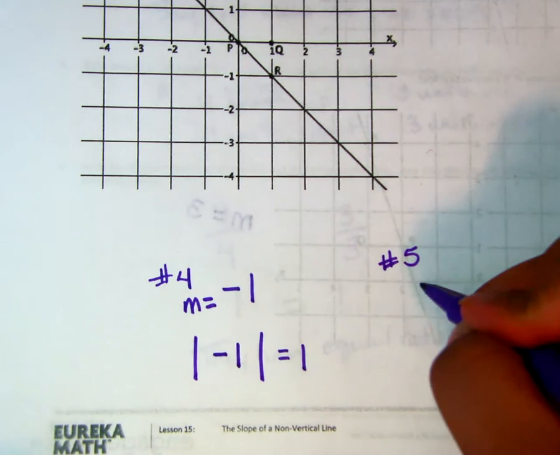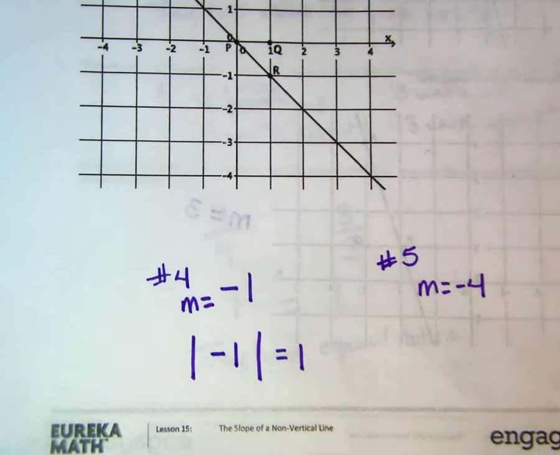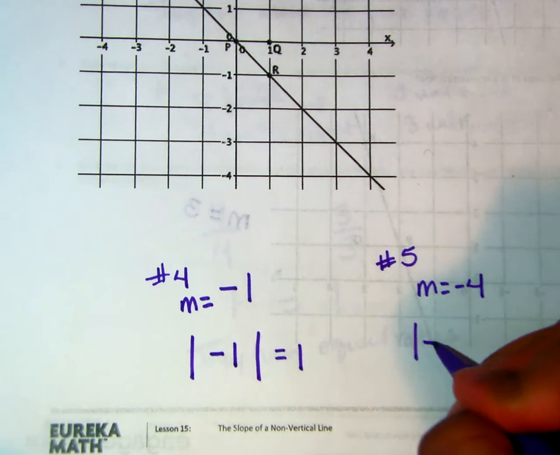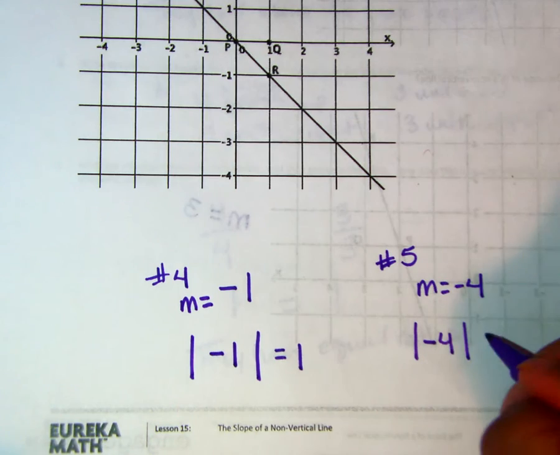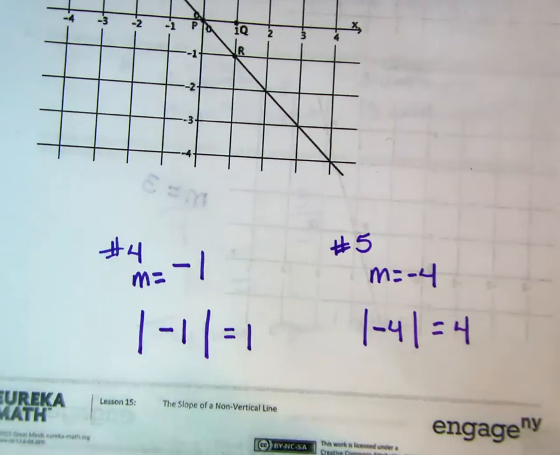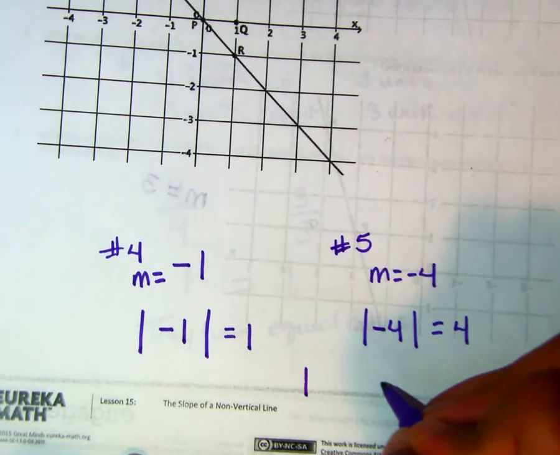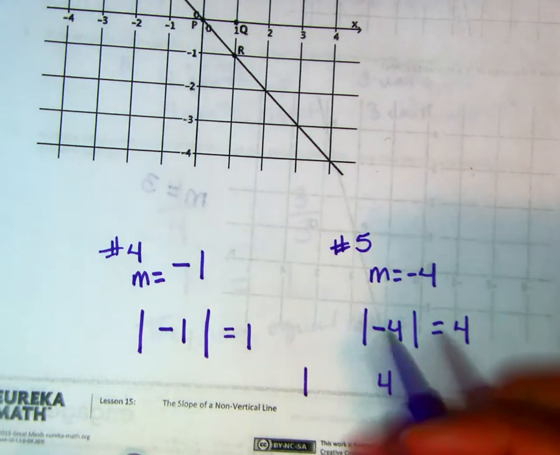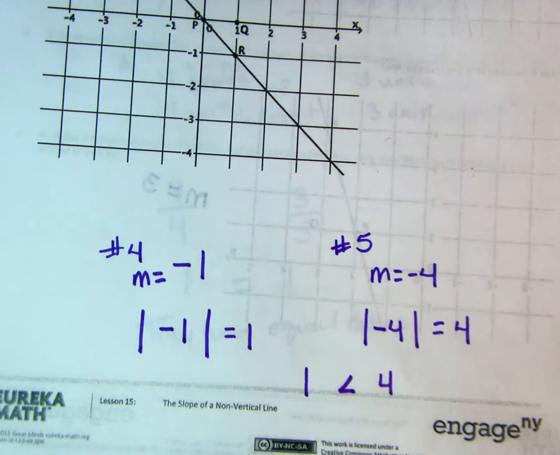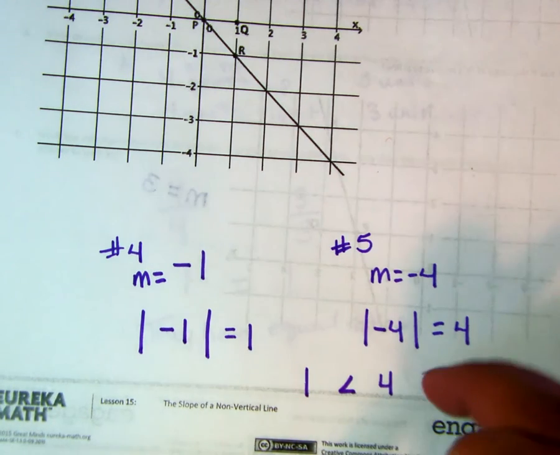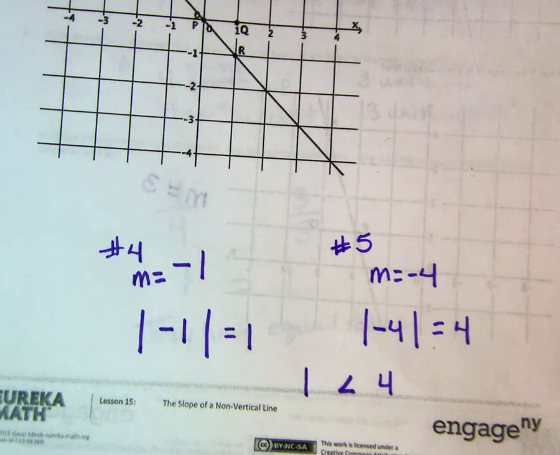Then for number 5, slope equals -4. The absolute value of -4 is 4. Now we're comparing 1 to 4, and we know that 1 is less than 4. So we do still agree that graph 5 had the steeper slope.